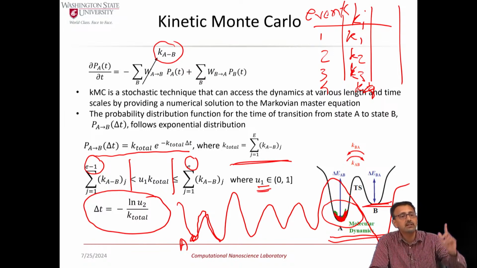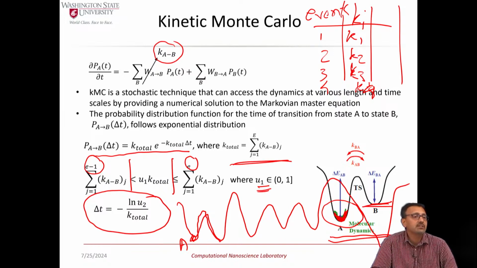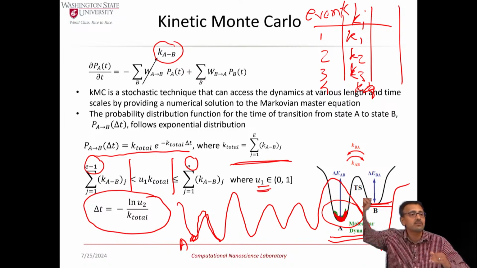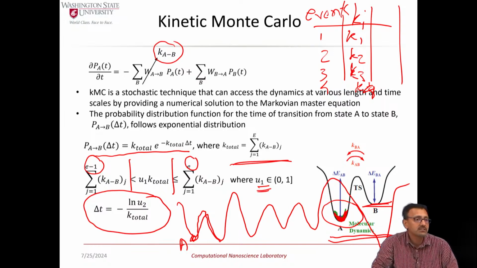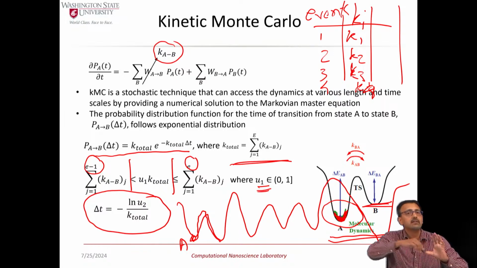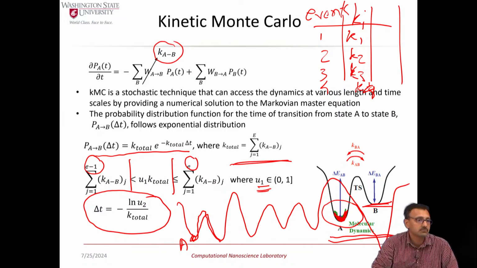Now, there are still a couple of limitations in this method. Number one, what if there are very rare events that you do not observe in the scale of your simulation in molecular dynamics, because it does not happen in 60 nanoseconds, either because it is far away from the state you are at, the configuration, or because the barrier is so high, the system never explores that minima or local minima state.